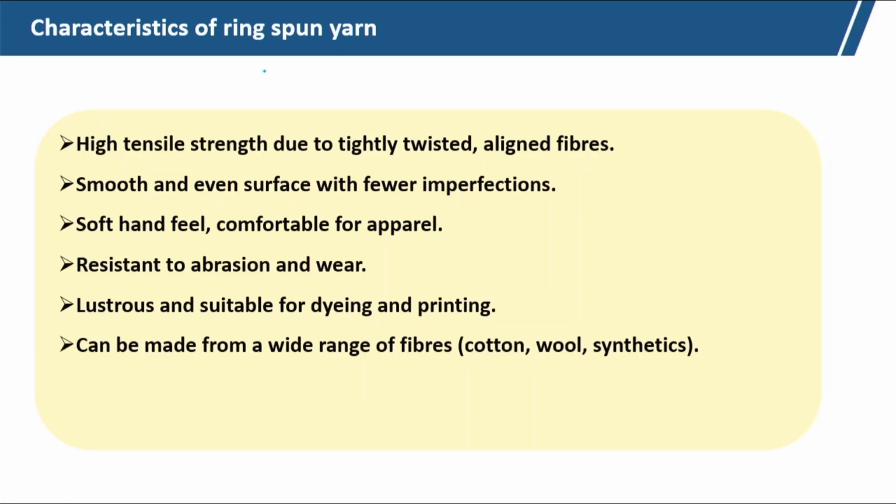So, we can use a wide range of fibers, maybe synthetic, maybe cotton, wool or different types of fibers. Even metallic fiber like stainless steel can be blended with viscose or polyester to form a ring spun yarn.